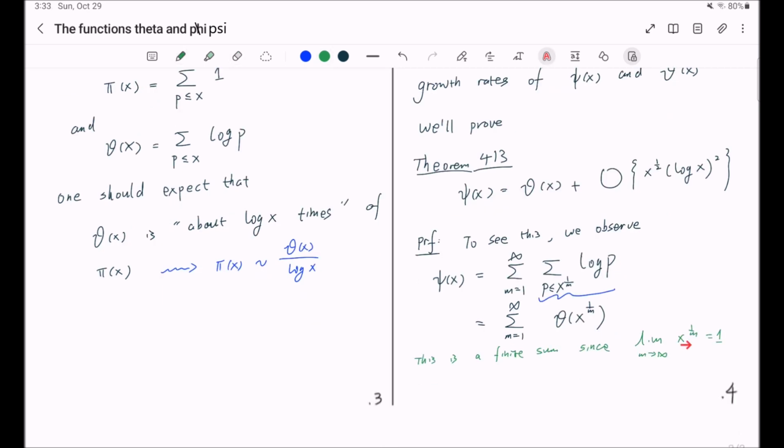And the limit of x to the 1 over m when m goes to infinity is equal to 1, because we always assume that x is bigger than or equal to 1. And when x to the 1 over m is less than 2, you can see from the definition of theta that theta of x to the 1 over m is equal to 0, because there are no prime numbers less than 2. 1 is not a prime number.